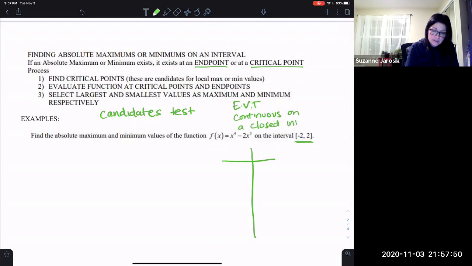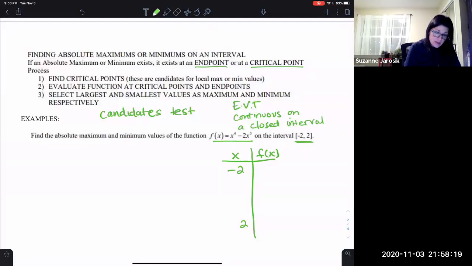Which we have. Polynomials are the best things to use because they're always continuous. So I will start with my x values and then my label. I'm making like an XY chart for myself. I start by putting my endpoints down no matter what. Occasionally, some of your critical points will turn out to be repeat values of your endpoints.